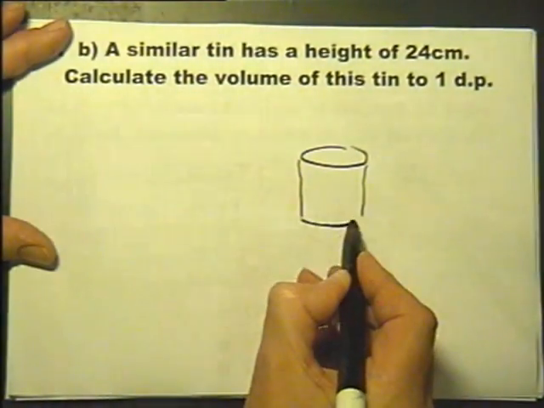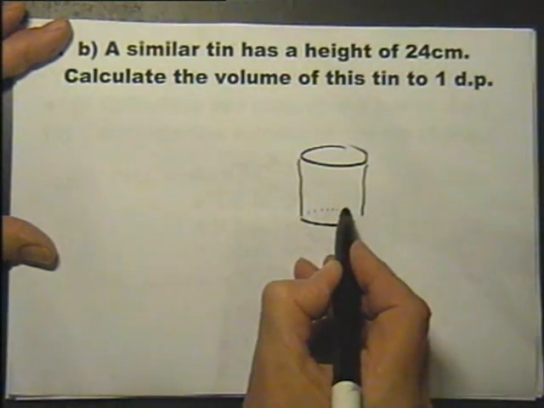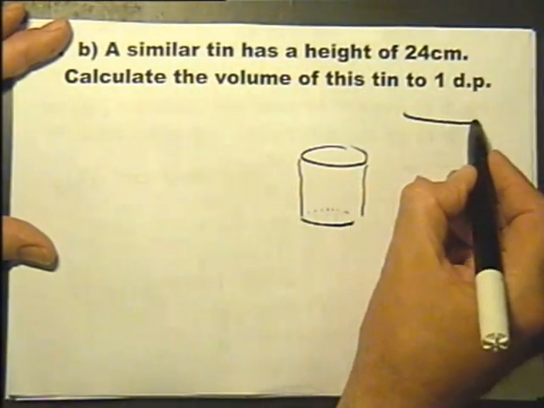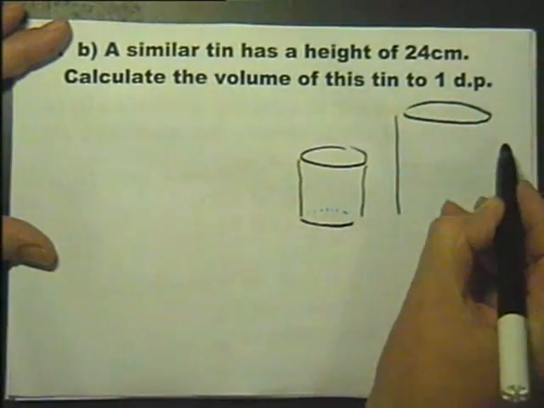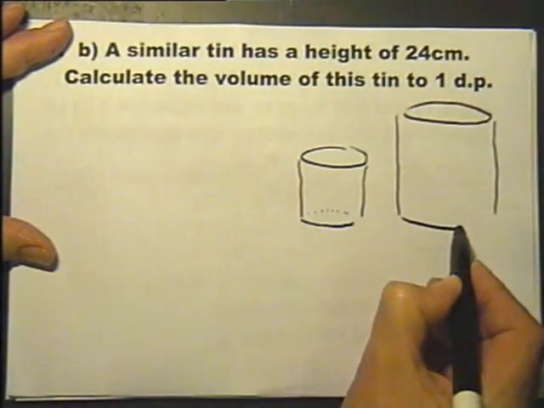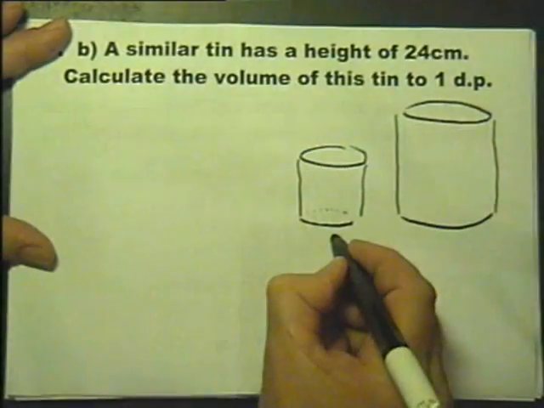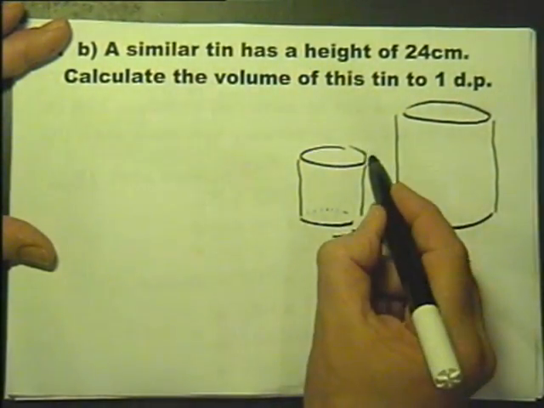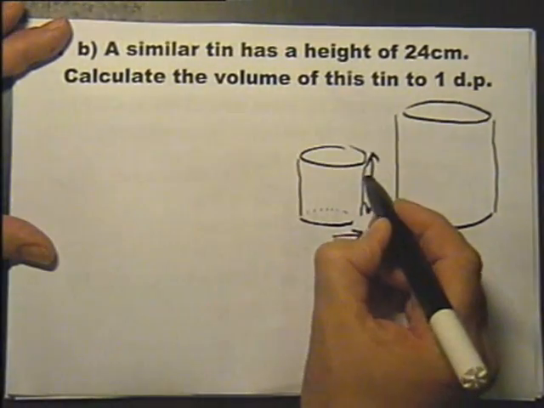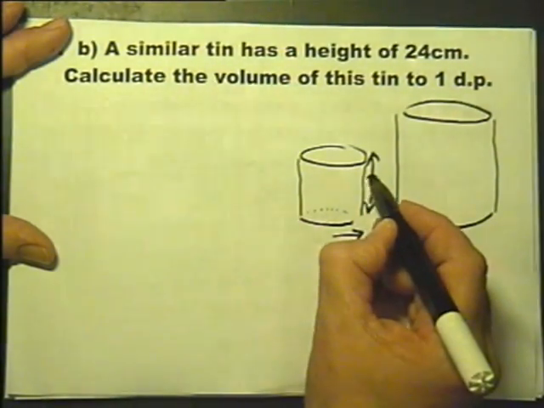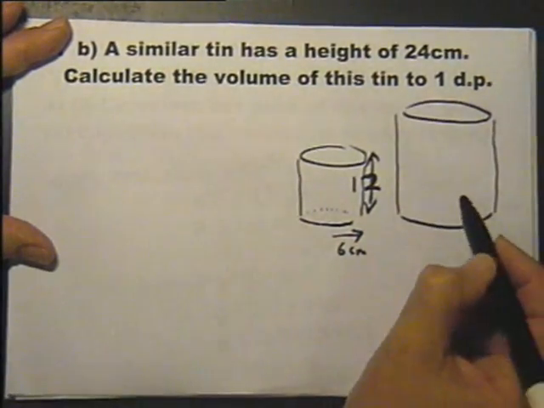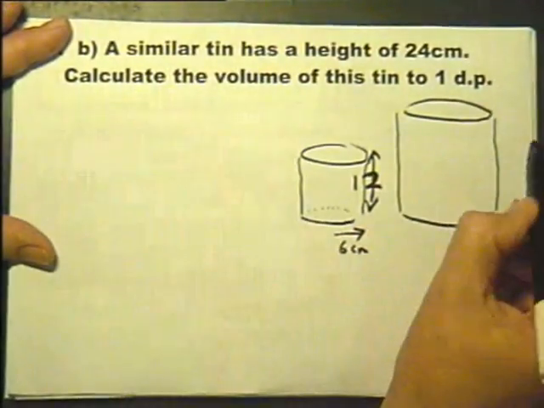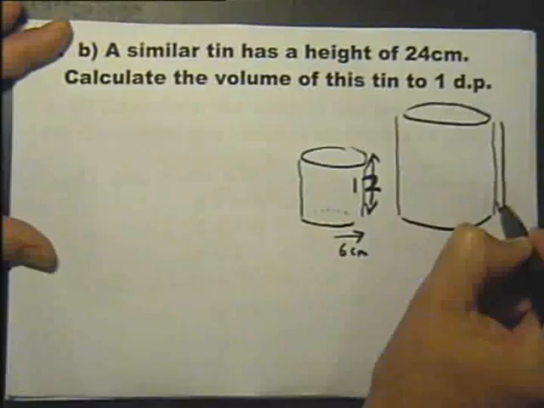In other words, all angles, if there are any angles, are the same, and all dimensions are in ratio. So here's my similar cylinder. My original one was 6 centimeters radius and the height was 12. A similar tin that has a height of 24, so this is height of 24.